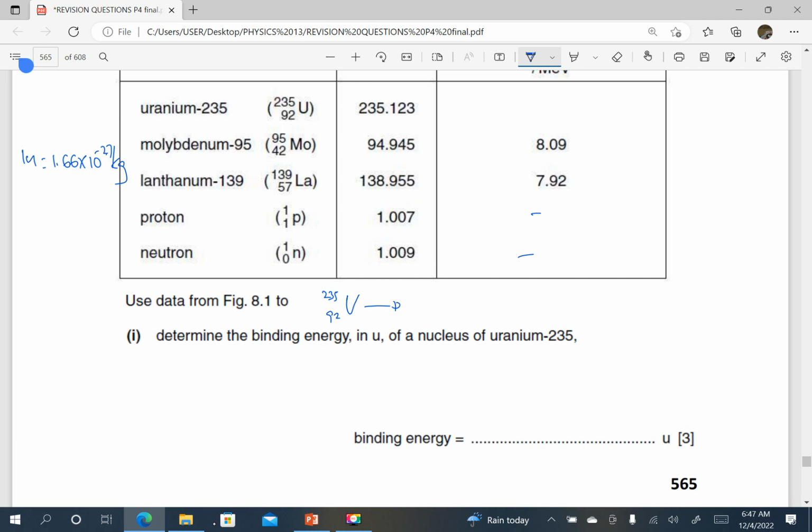This one has 92 protons plus 143 neutrons. So we want to find the binding energy, the energy required to separate the nucleons, the 92 protons and the 143 neutrons. That is the binding energy. So we can find the mass of the separate nucleons.